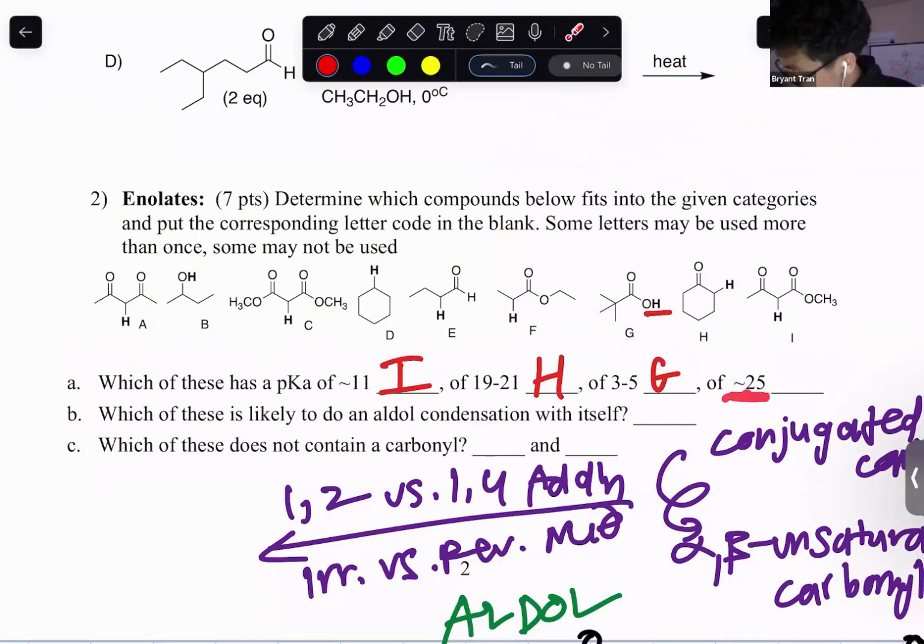Carboxylic acid, ketone, that's taken. This is I. Aldehyde. It's not D. D is 50. It says F on her thing. Okay, it's F right here. That's good. Thank you.